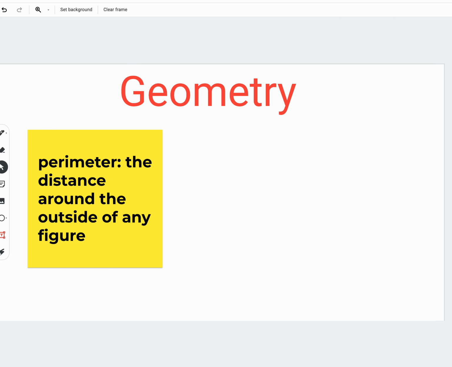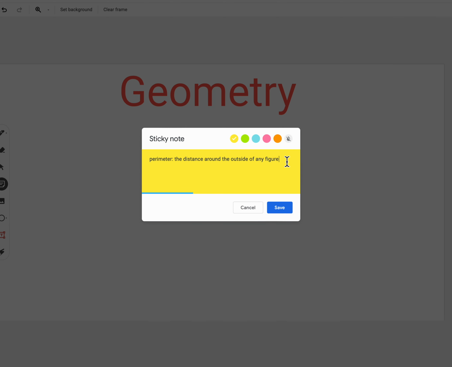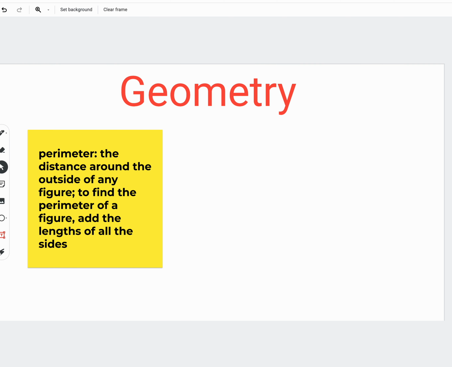So to find the perimeter of a figure, we are just going to add up the lengths of all the sides. Let's take a look at an example.